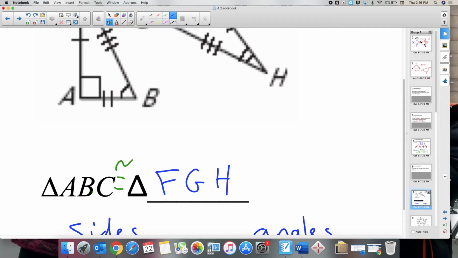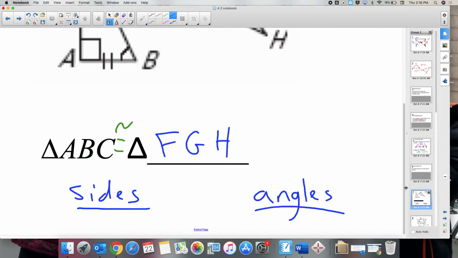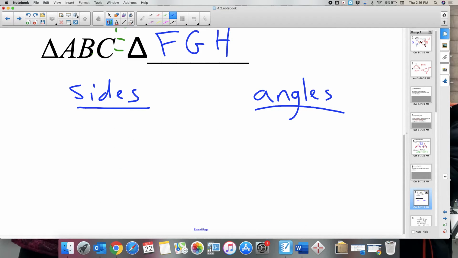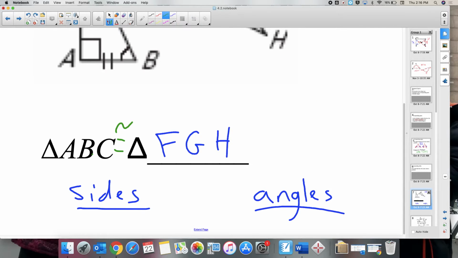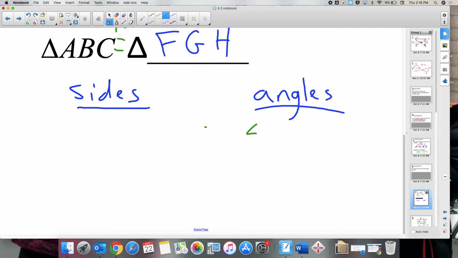And then we got to look at the corresponding angles and the corresponding sides. In those corresponding angles, we can look at our measurements. Angle A was a right angle. Angle F was a right angle. And if you notice, A and F both came first.